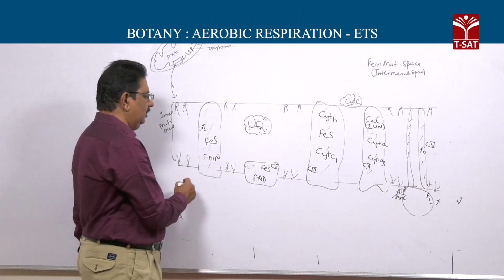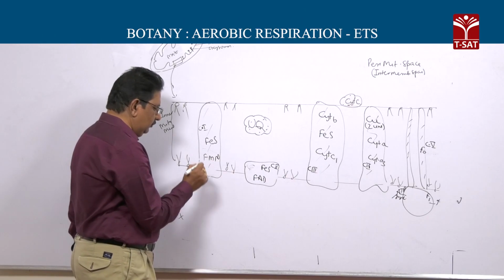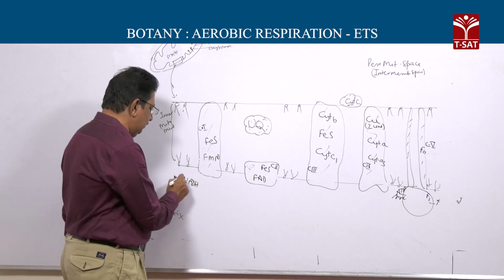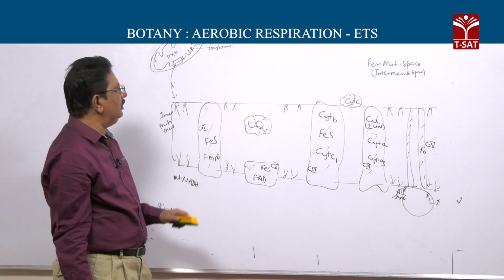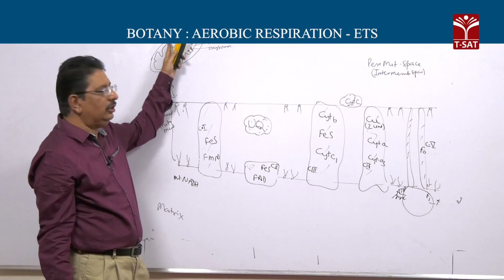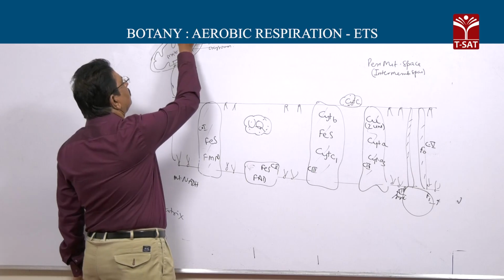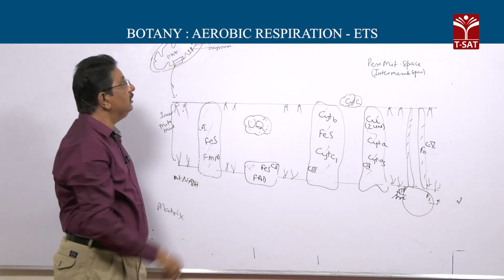So, let us take these functions. First of all, the reduced coenzymes which are formed in mitochondria. I am taking mitochondrial NADH. In respiration, NADHs are formed in mitochondria during the link reaction and Krebs cycle, and NADHs are also formed in cytosol during glycolysis.